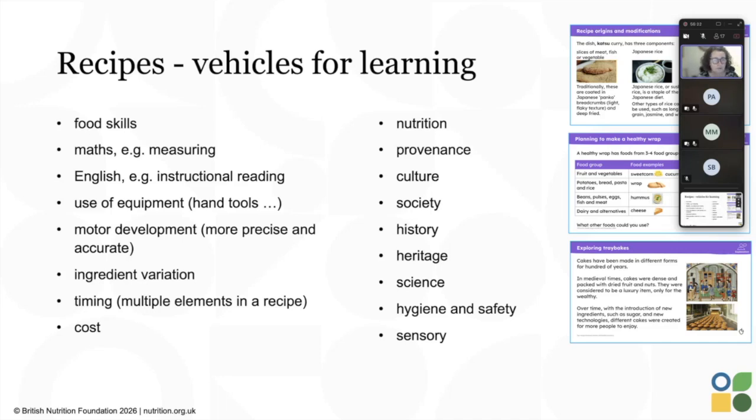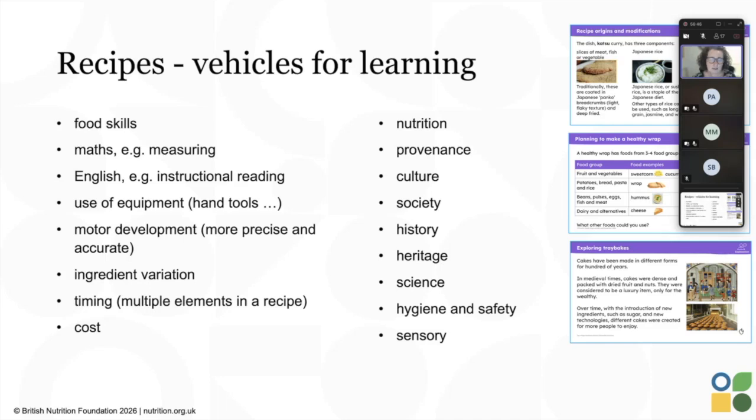So just a few here that Roy's put on the screen. I mentioned these before, but also thinking about history, heritage, food science, hygiene and safety. That's one of my important things. I'm an advocate for food hygiene and safety. Timing as well, allowing the pupils to think about managing time when they're putting a recipe together.